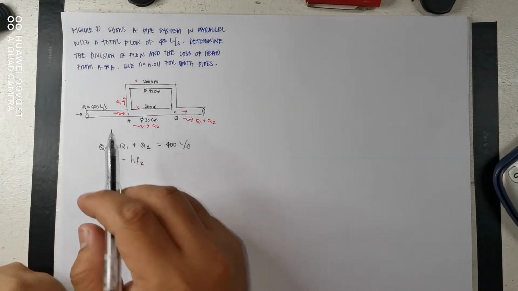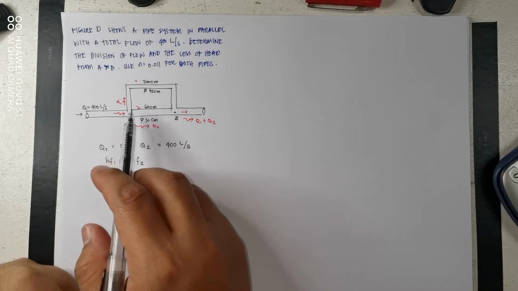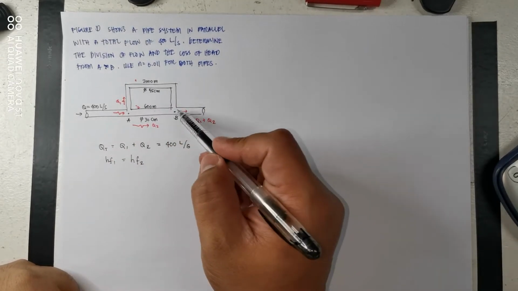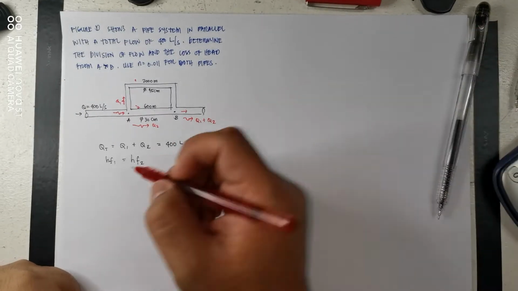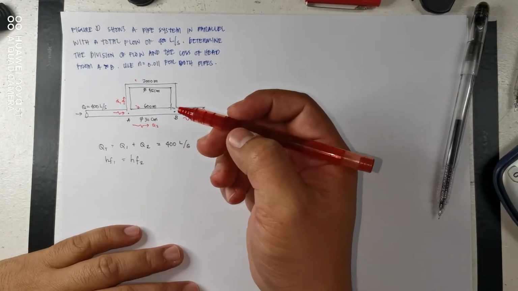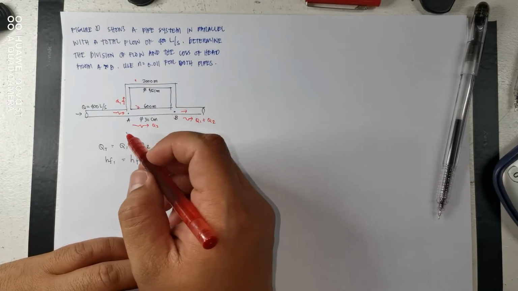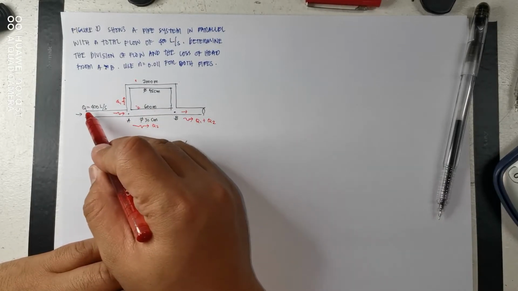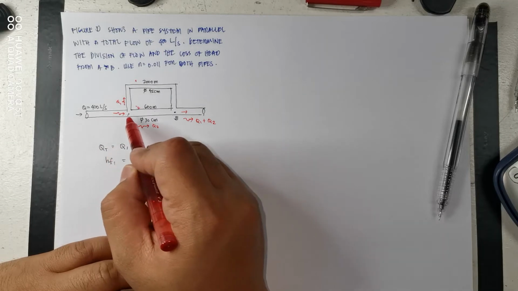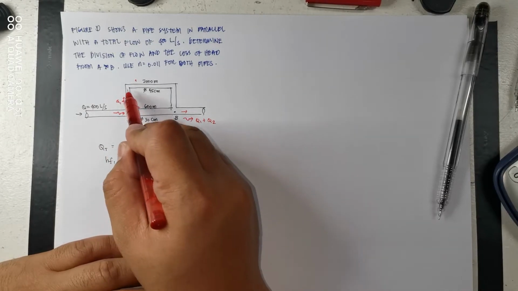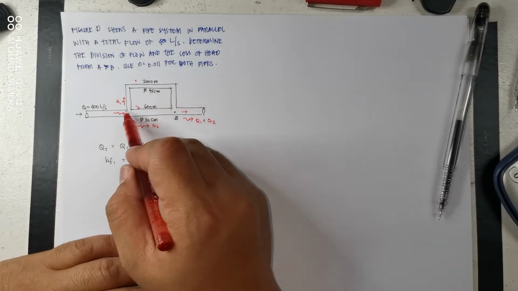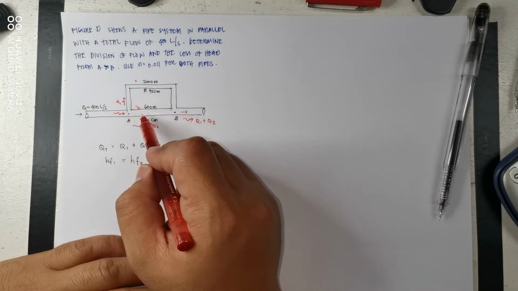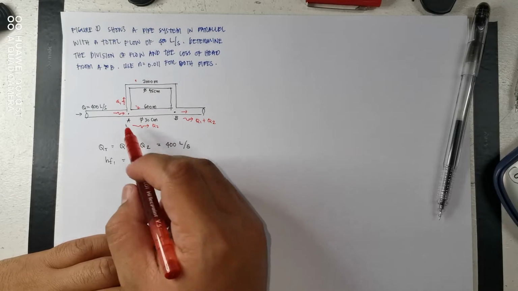Okay. So dito sa figure na ito, pinapakita ang isang system of pipes in parallel. Meron tayong pipe 1, tsaka meron tayong pipe 2. Pag ganito yung case na yung pipes are in parallel, tatandaan natin na kung meron tayong total Q, which is 400 liters per second, pagdating niya dito kay point A, kung saan naghiwalay yung dalawang pipe, yung pipe 1 tsaka si pipe 2, syempre mahahati din yung flow niya.